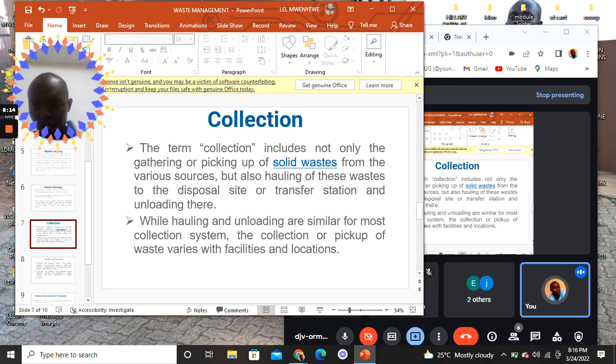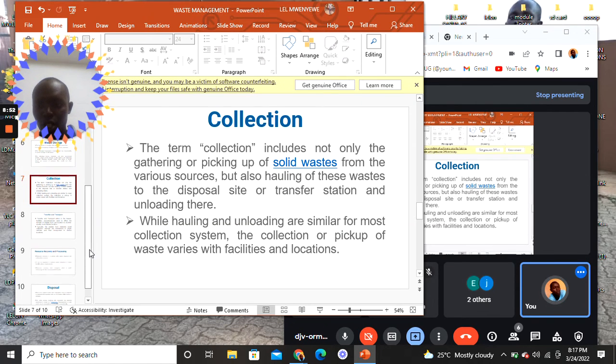Under collection of waste, we know that collection includes not only the gathering or picking of solid waste from various sources, but also hauling this waste to the disposal site or transfer station and unloading there. Like in KTTC, we've witnessed collection of waste being done by lorries on Friday. Every Friday, there's a lorry that comes and collects our waste. So that's the process of collection of waste.